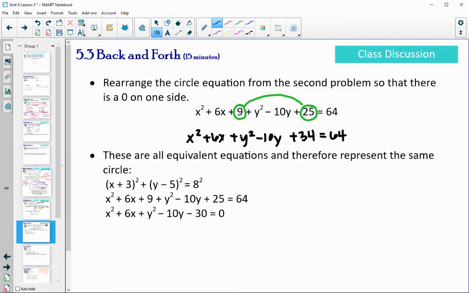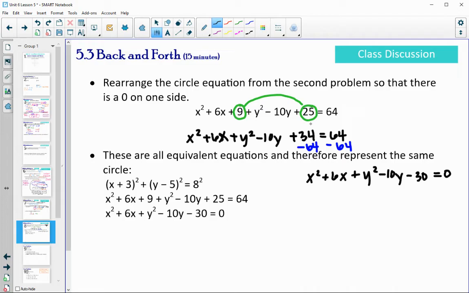So I just combined like terms on the left side. Then I could subtract 64 from both sides. I still have x squared plus 6x plus y squared minus 10y, and when I simplify 34 minus 64, I get negative 30. 64 minus 64 is 0.